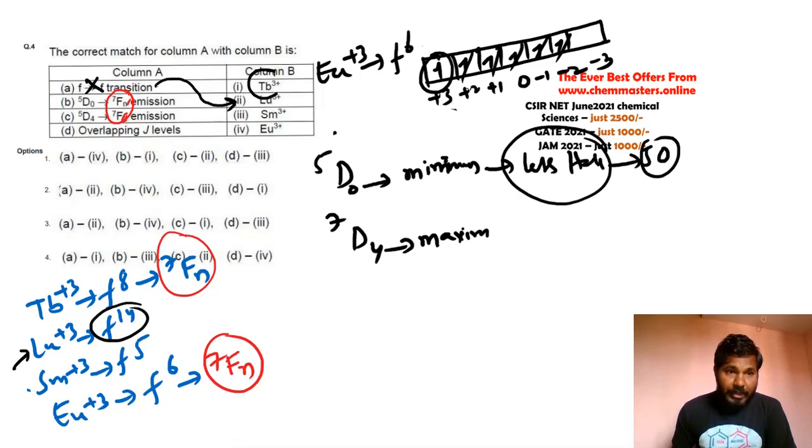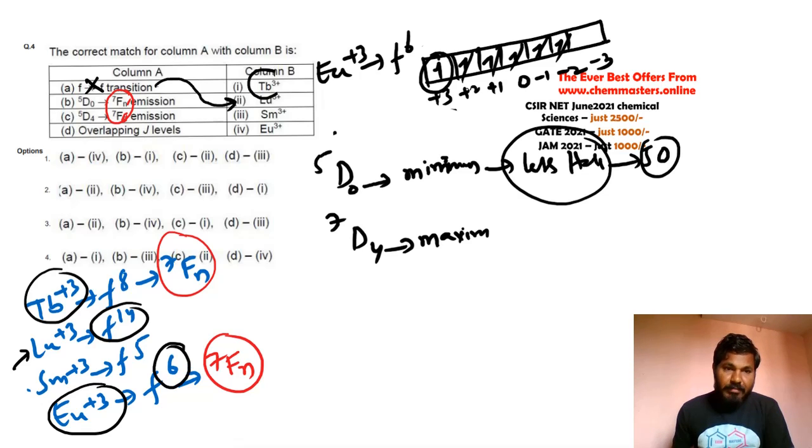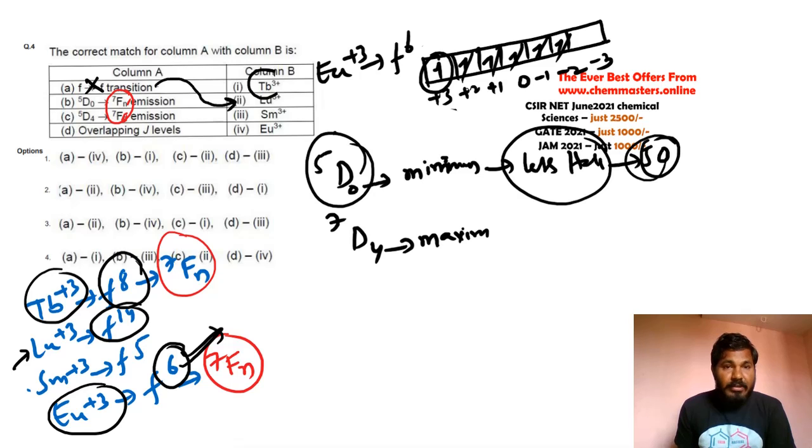Now check terbium plus 3 and europium plus 3. Europium plus 3 has 6 electrons only in its valence f orbital, whereas terbium has more than 7, more than half-filled, 8 electrons. That's why europium plus 3 has a less than half-filled electronic configuration. So for this, the transition must be to the term that is 5D0.